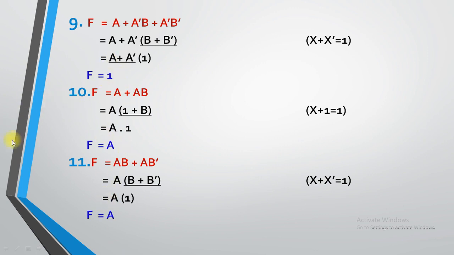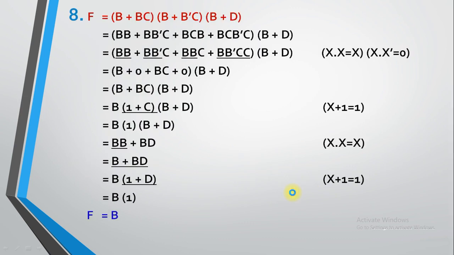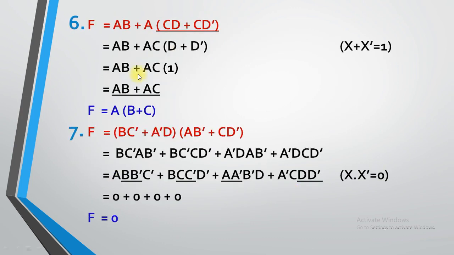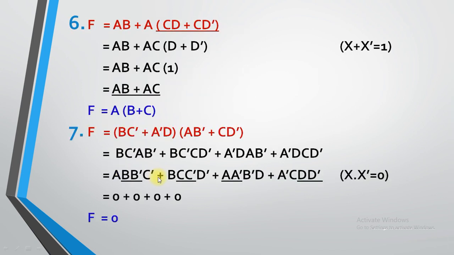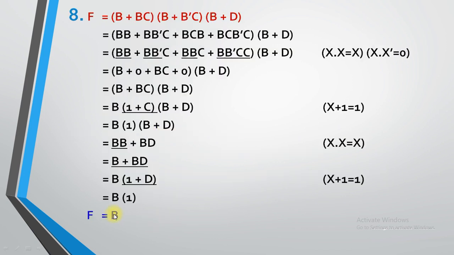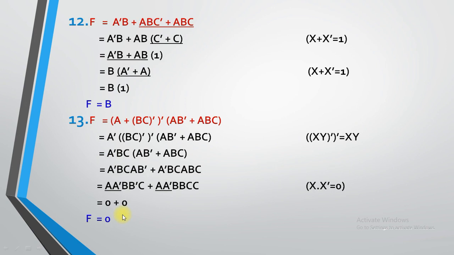So no need to draw a circuit diagram for the same. You can draw a circuit if you have values like this. No need to draw a circuit for F equals B, because it contains a single value.